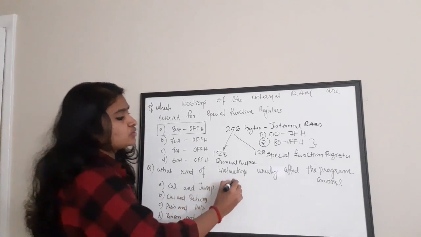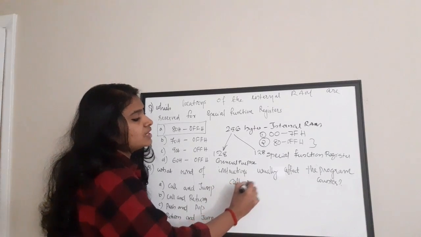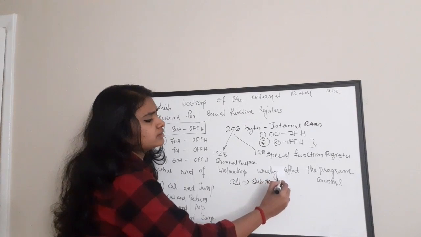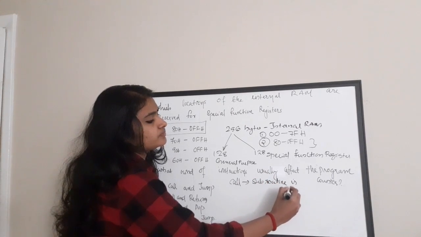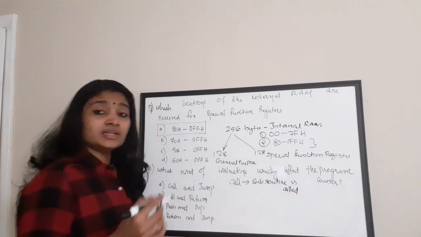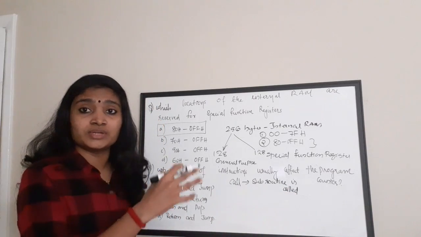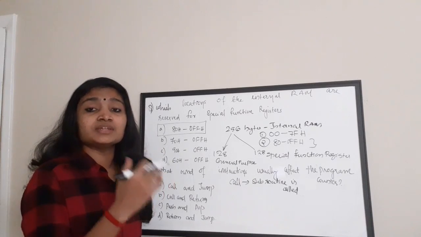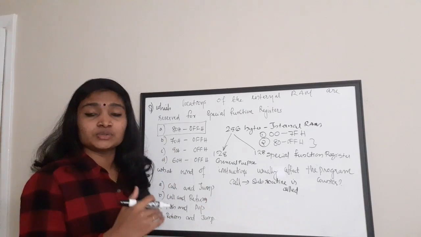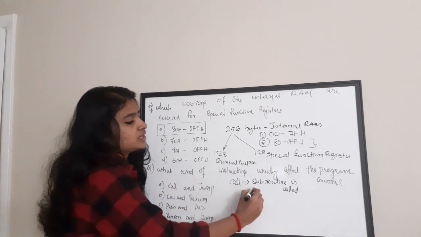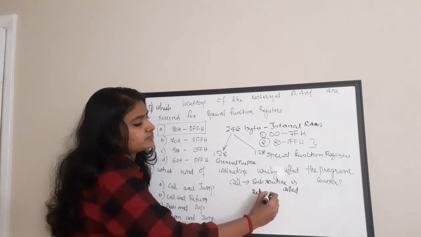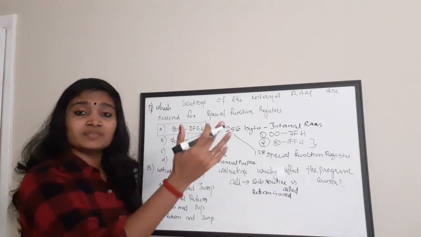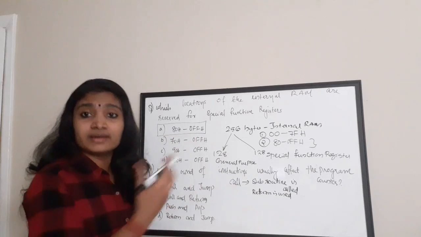A subroutine is being called, and the last instruction is a return, and when the subroutine returns, it jumps back to the main program. So a return is used to return from this subroutine.